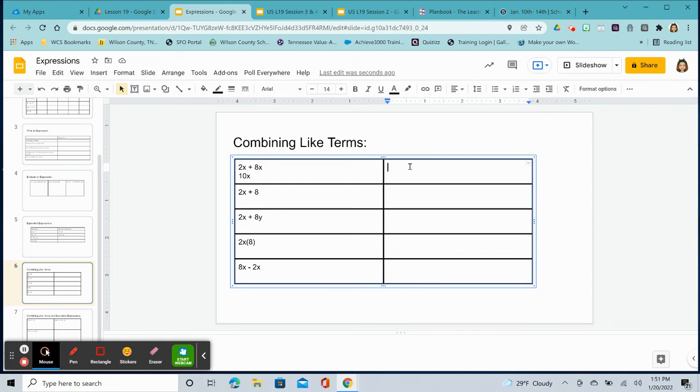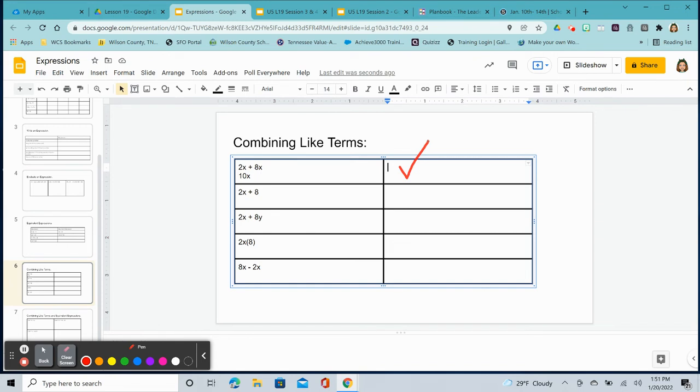So, in this first example, 2x plus 8x. Well, those two terms are both x. So you can take the 2 and the 8 and add it together. 2 plus 8 is 10, so that's 10x. So yes, we can combine those. Those are like terms.